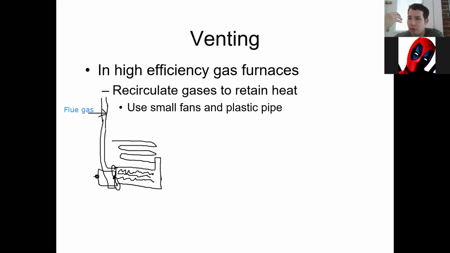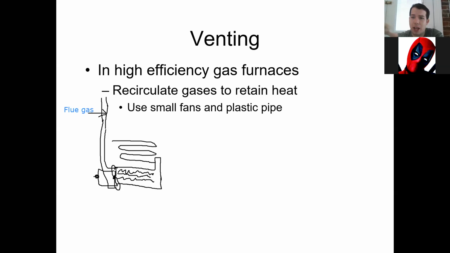Now, usually metal would be eaten up by it, but it would be able to resist the high heat that is typical with flue gases. However, because we're retaining so much heat to the point where it's condensing almost all the water out of the flue gases, the temperature is actually very, very low, between 80 and 110 degrees, depending on the furnace and how it's operating.